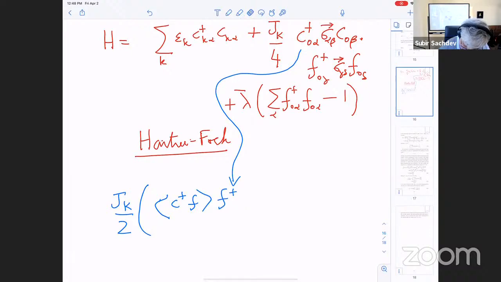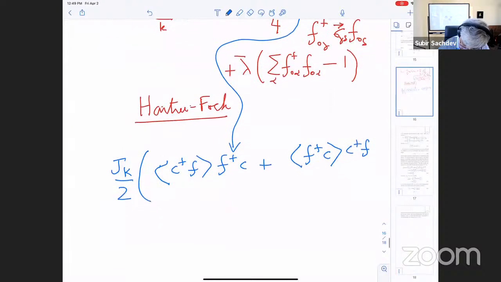I'm dropping all the indices because they're in the notes. Plus the other term, plus f dagger c times c dagger f. And then you get the double counting correction, c dagger f times f dagger c.